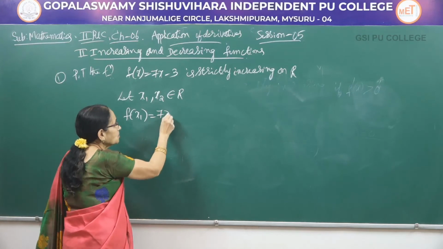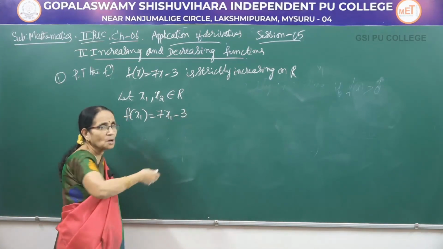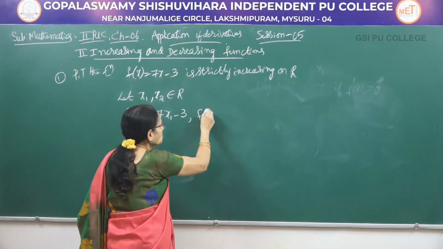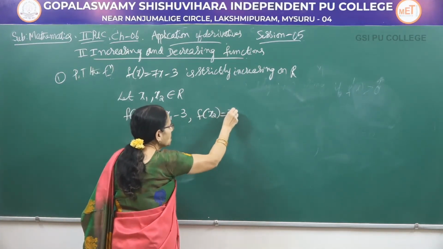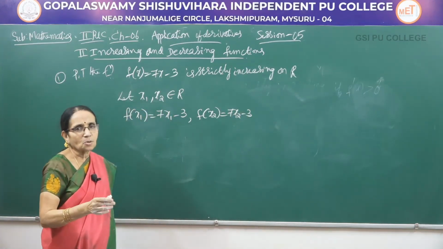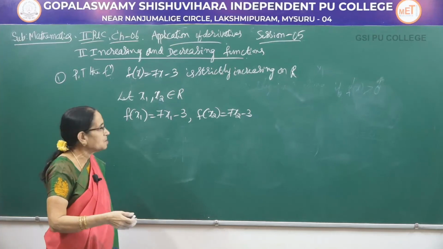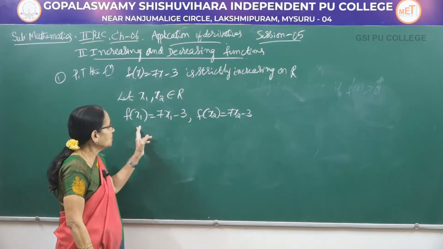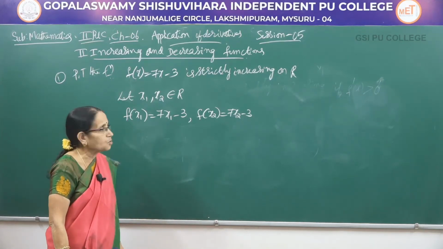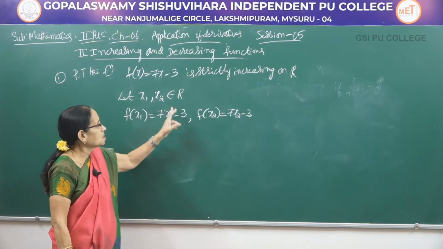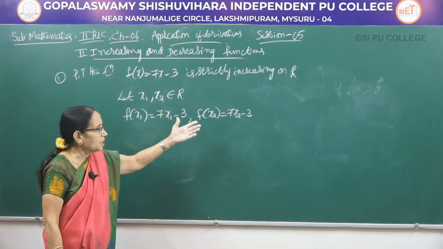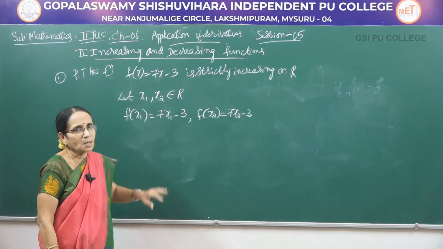This is 7x1 minus 3, that is finding the value of the function at the point x1, that is all. And then what would be f of x2 equal to? It is 7x2 minus 3. So consider two real numbers x1 and x2. Then f of x1 is 7x1 minus 3, f of x2 is 7x2 minus 3. Only wherever x is there, I have written the values x1 and x2. 7 and 3 and the minus sign, all of them are constant, so they remain the same.